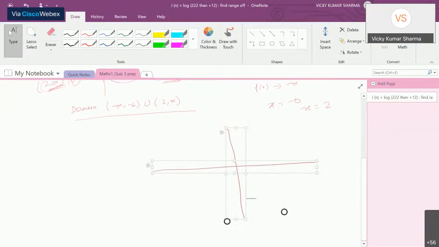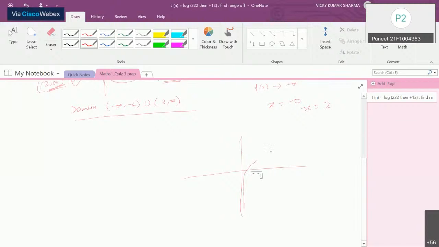Log function, log x is something like this. If this is my a, for all values of a greater than 1, the graph is going to be this way, and it's going to be this way for all values of a lesser than 1.